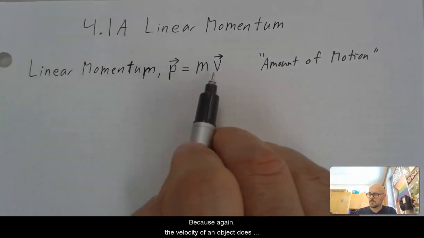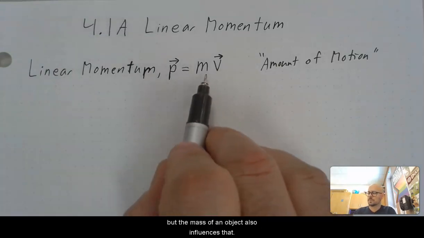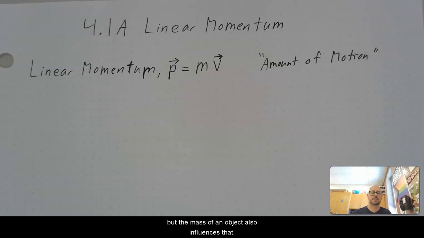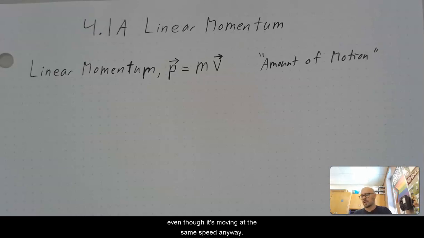Because again, the velocity of an object does influence how hard it will hit you, but the mass of an object also influences that. So if you throw a ping pong ball and a baseball and both of them hit you, you will get hurt more likely by the baseball because it's more massive, even though it's moving at the same speed. Anyway, it's a product of mass and velocity.